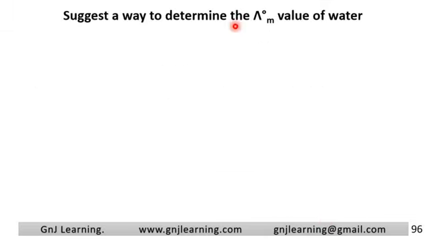Suggest a way to determine the lambda m0 value of water. In the last one we have seen acetic acid as a weak electrolyte, and we have solved how to find lambda m0. Here the weak electrolyte is water. Water has two ions, H plus and OH minus. So what should I do?